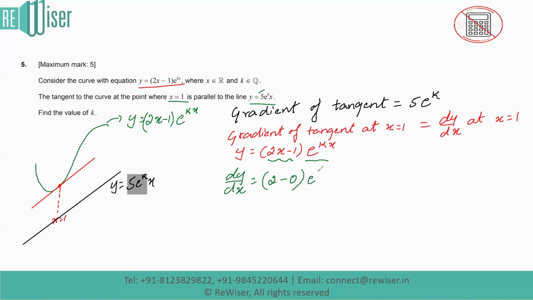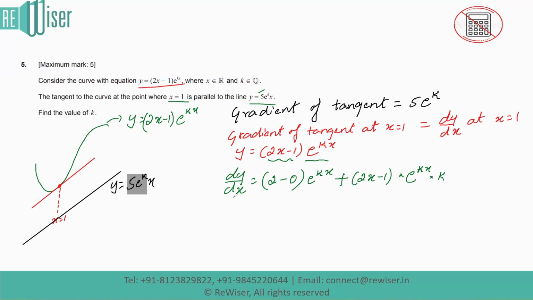And we keep the second term as it is, that's the product rule, which is e^(kx), plus we keep the first term as it is and differentiate the second term. The differentiation of the second term is e^(kx) times k, because the differentiation of e to the power of anything is e to the power of the same thing, and using the chain rule, the differentiation of kx is k.